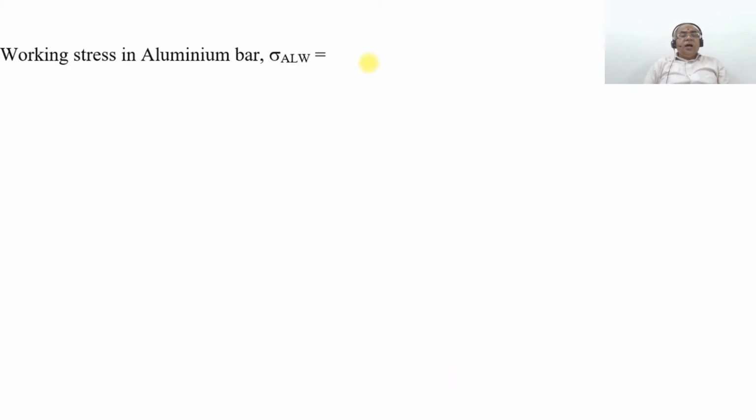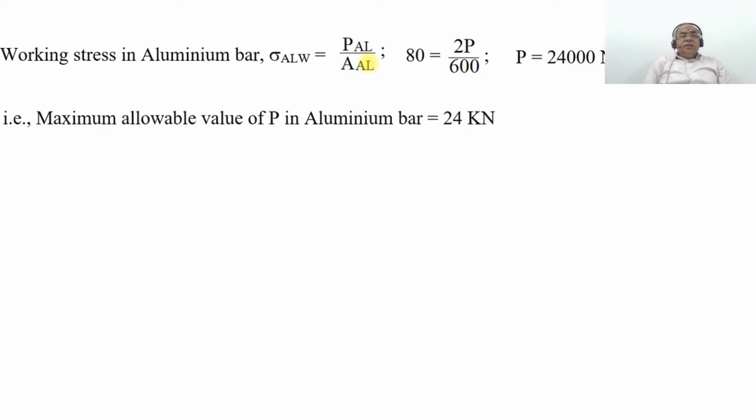That is, the maximum allowable value of P in the bronze bar will be 18 kilonewton. The working stress in the aluminium bar, sigma ALW, will be PAL by AAL, so it is 2P by 600. So P will be equal to 24,000 Newton, which is 24 kilonewton.